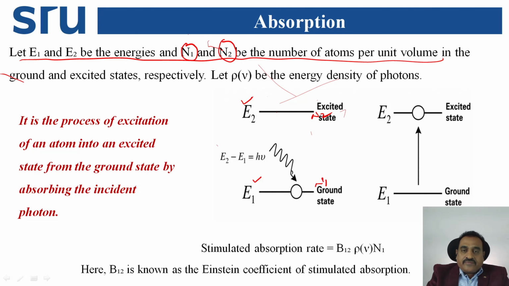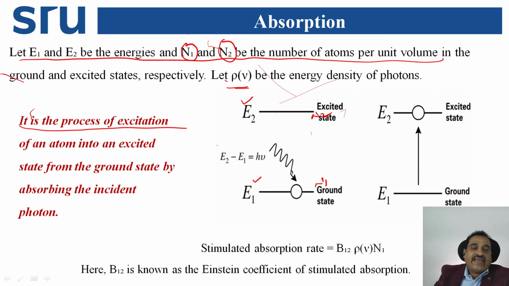Let rho v be the energy density of photons, or the number of photons per unit volume. Try to understand here, it is the process of excitation of an atom into an excited state from the ground state by absorbing the incident photon.